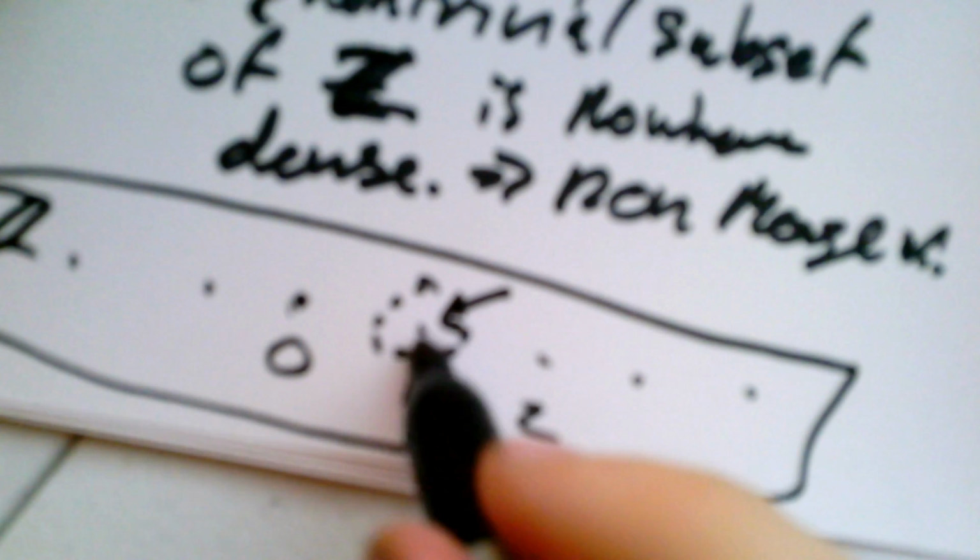So if A doesn't have the point 1 in it, then A complement has the point 1 in it, and that means A complement is not meager, so A is not comeager. So the only comeager subset of Z is Z, because Z's complement is the empty set, and the empty set is always meager in every space. So there is no subset of Z except Z the whole thing that is comeager in Z.